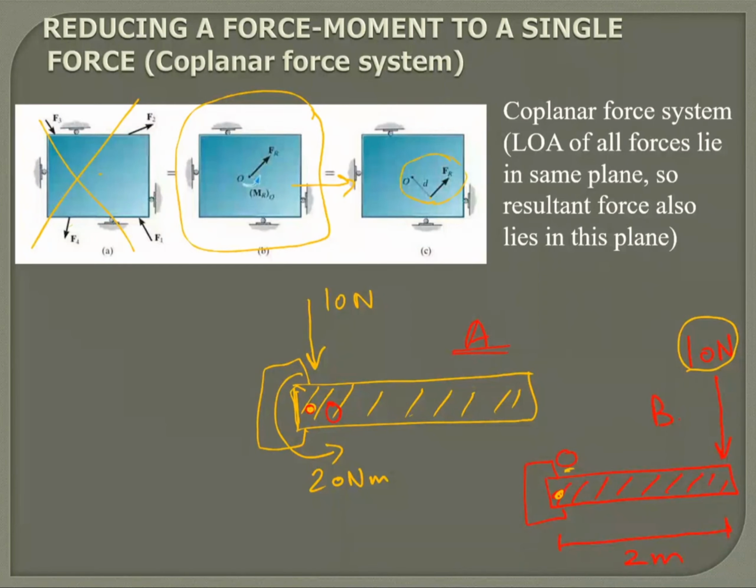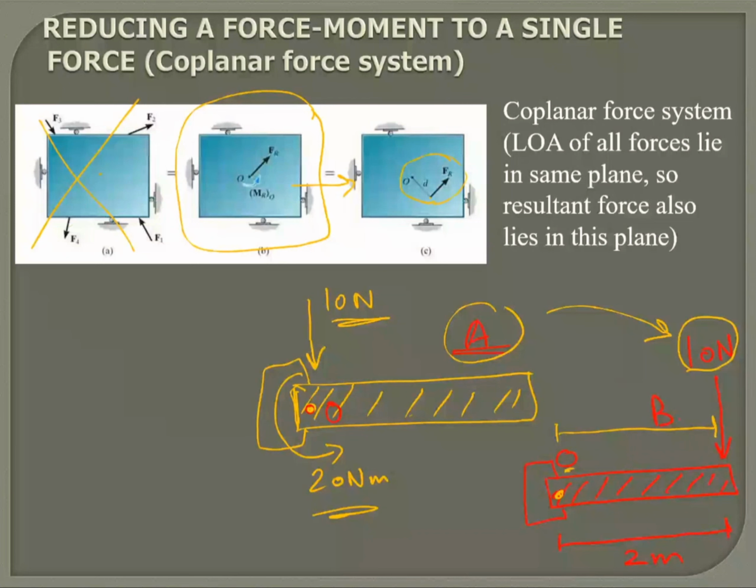So in simple words, in scenario A, I've got two active forces. I have replaced the two active forces with only one force by displacing it at a certain distance. So by moving a force at a certain distance, you can create a moment.